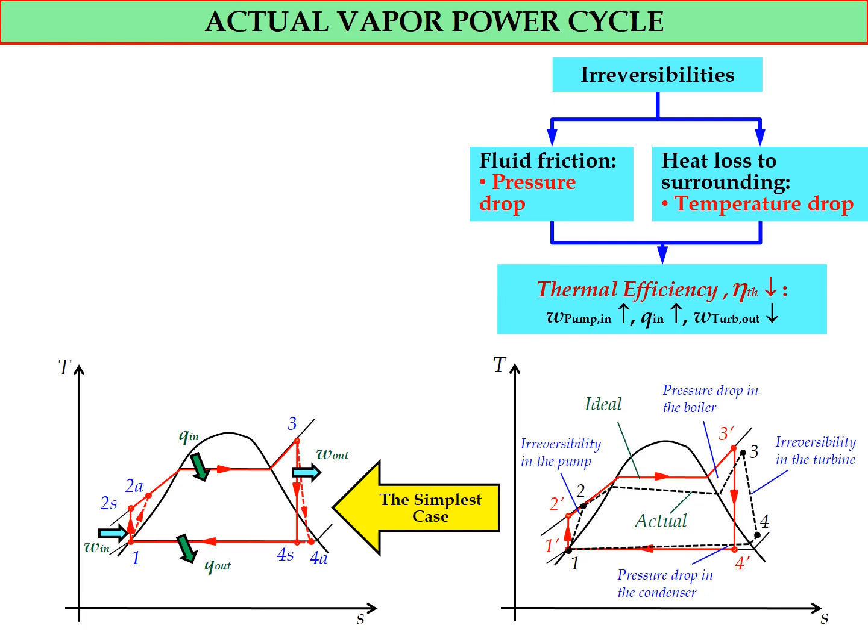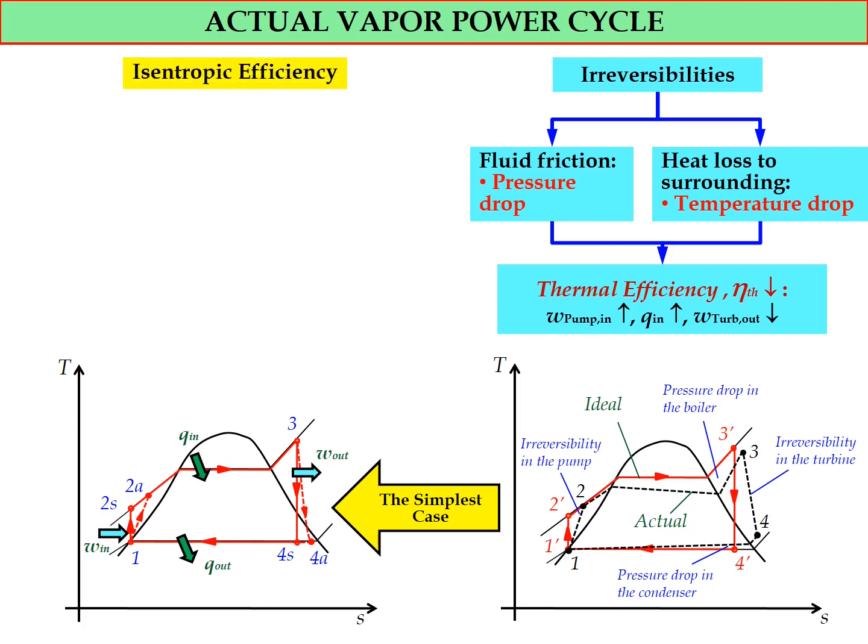Similarly for the turbine, the amount of W out in the actual cycle will be lower than the ideal Rankine cycle, and the outlet condition is represented by state number 4a.